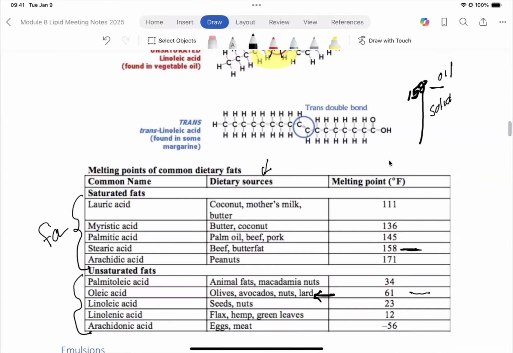But something with a low melting point, this one here, 61 degrees Fahrenheit, right? It has a low melting point. So it would be a liquid at room temperature, because room temperature is 70, right?